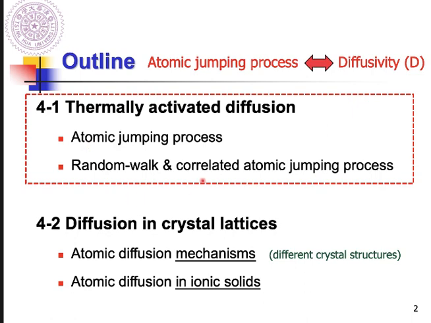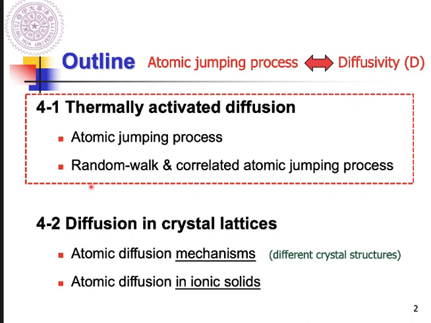So now you have some idea about the difference between random walk and correlated jumping process, right? But do you remember, as we mentioned in previous lectures, do you have any idea what type of diffusion mechanism belongs to random walk? And what type belongs to correlated atomic jumping process? Have any idea?